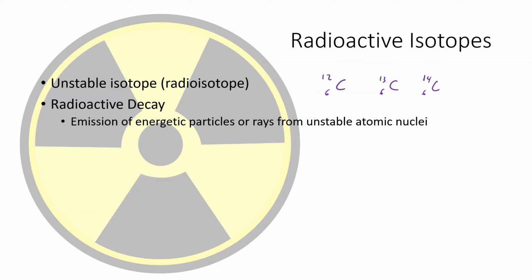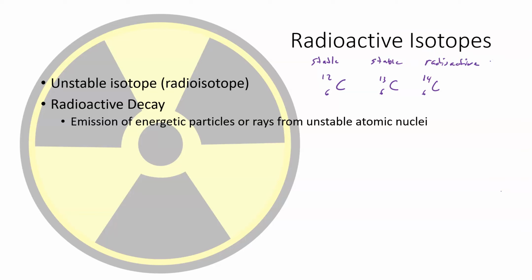Some isotopes of particular elements have an unstable nucleus. That means that nucleus is not going to remain intact in the way that it currently is. For example, we have carbon-12, which is stable. Carbon-13, also stable. Carbon-14, radioactive.